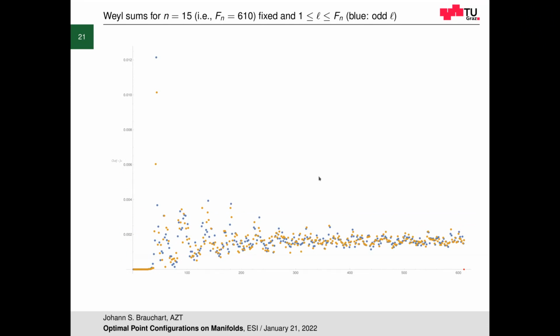I zoom in so that I only show degrees from 1 up to the number of points, and I am also increasing the number of points on the sphere, because I do not go out to 500 times the number of points with my degree, so I can do more points on the sphere.